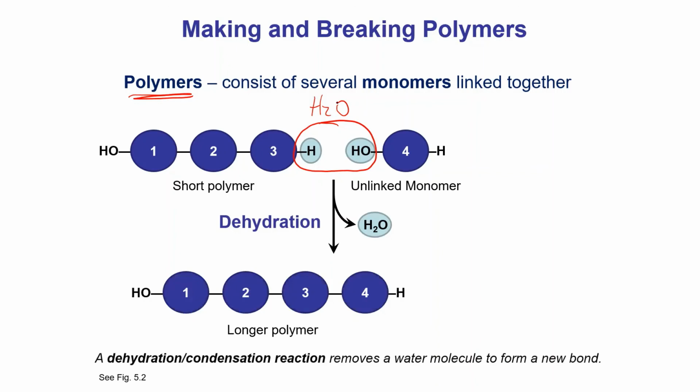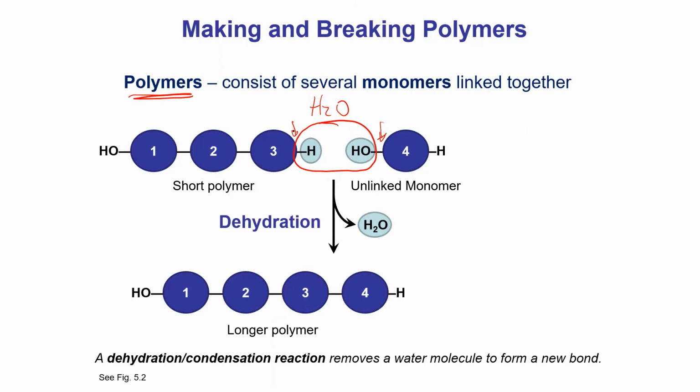Then the bond that was here, or the electron that was there, and the electron that is there come down and form their own little bond and form this polymer reaction. This is called dehydration synthesis, or sometimes people call it condensation synthesis. Our textbook is calling it dehydration, so I will try to be consistent with that terminology.